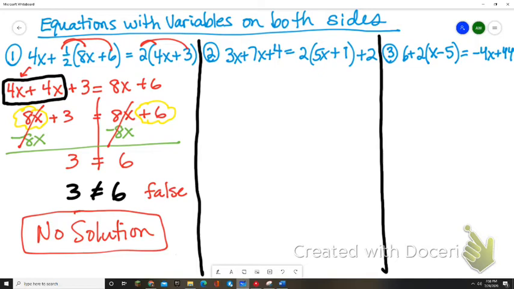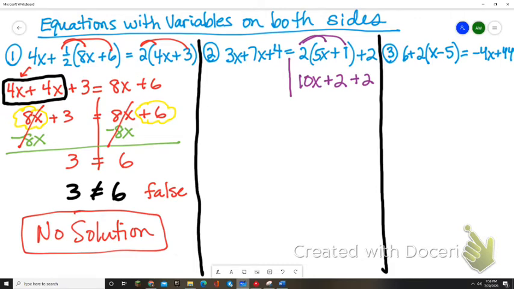So now let's go to number 2. On number 2, we're going to do the same thing. We have to get rid of the parentheses. So if you're looking on each side individually of the equal sign, I can distribute over here. 2 times 5x is 10x, and 2 times 1 is 2, and that last plus 2 is just going to drop down.